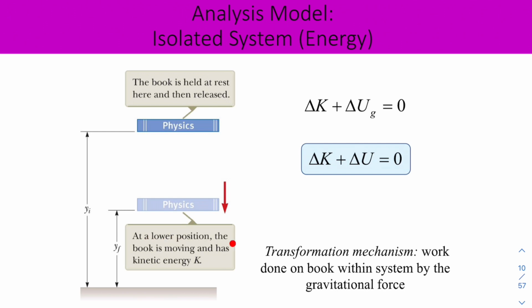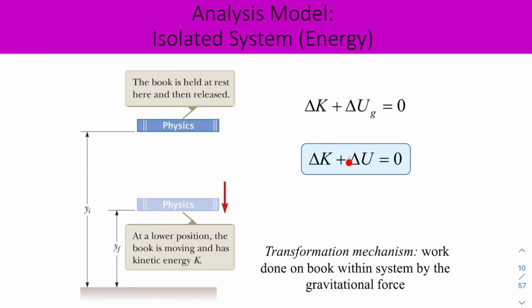Now at the lower position, the book is moving and has kinetic energy, is in motion. So in terms of change in kinetic energy, yes, we do have. In terms of change of potential energy due to gravity, yes, we do have a change in height. Mass equals 0. The transformation mechanism is work done on the book within the system by the gravitational force.